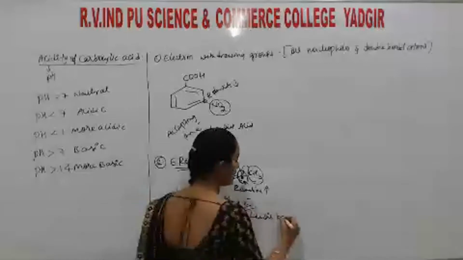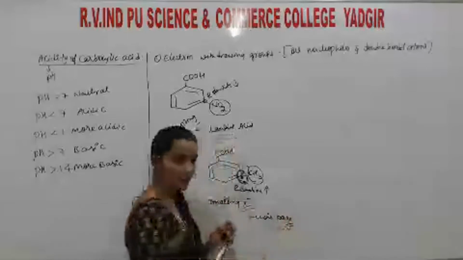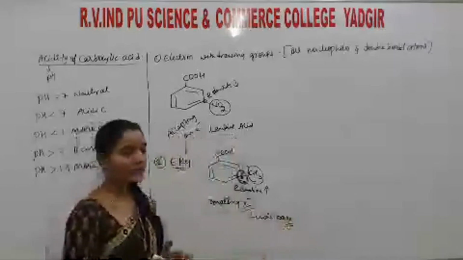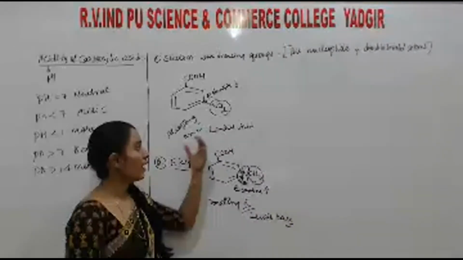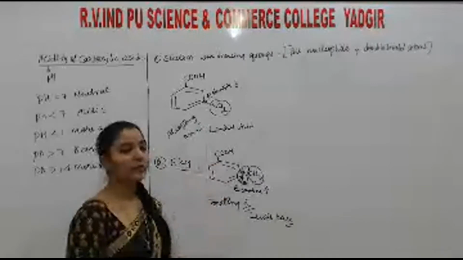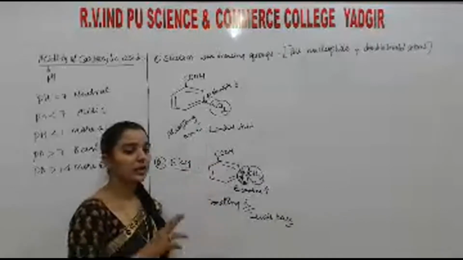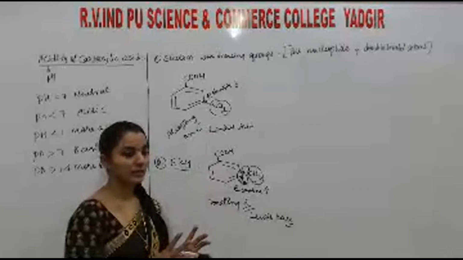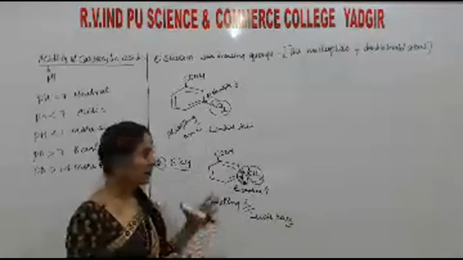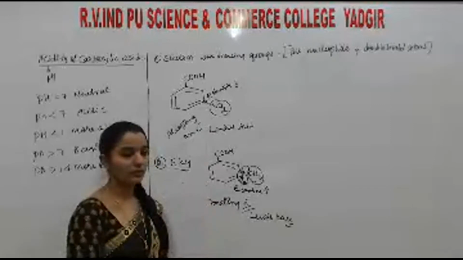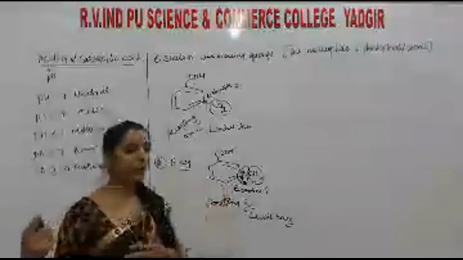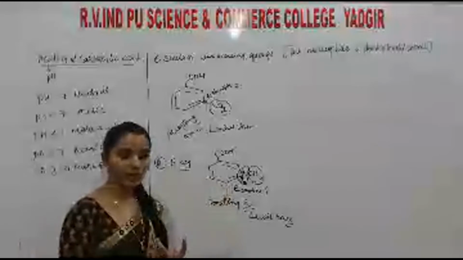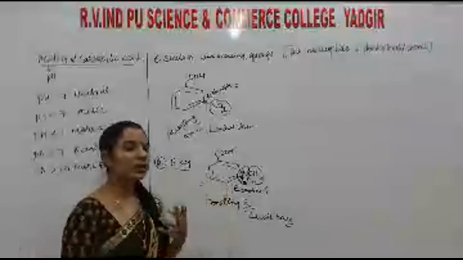Donating the electron is what a Lewis base does. Similarly, as in acetic acid, if electron releasing groups are there, acidity decreases. Understand? Both in aliphatic and in aromatic. If more number of electron withdrawing groups, acidity keeps on increasing. More number of alkyl groups, acidity keeps on decreasing.